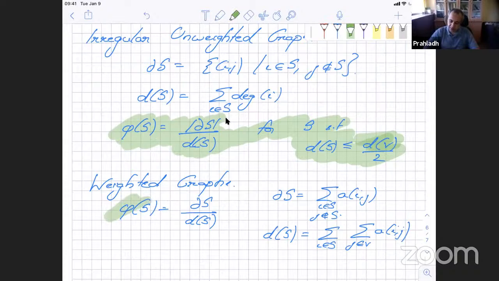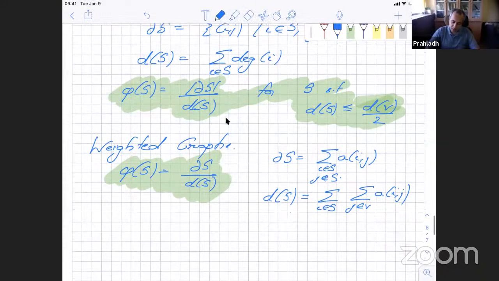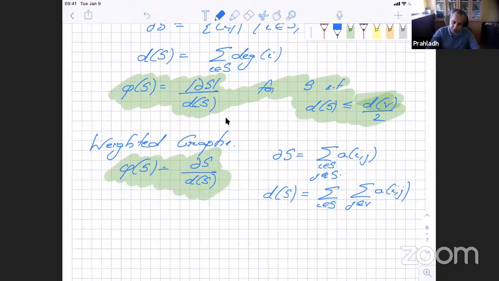So once we have this, this is what we'll define as conductance. The conductance of a graph, phi of G, is the minimum of this quantity, dou S by d of S, minimum over all S such that 0 is less than d of S, which is less than or equal to d of V by 2.